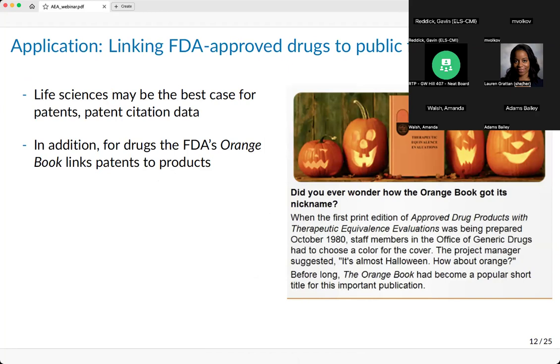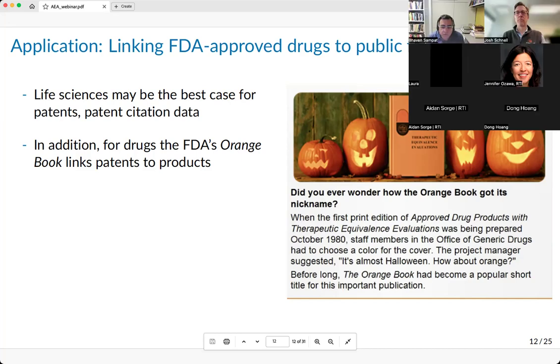And I'll say that drugs or the life sciences in some sense are the best case for using patent-based indicators, because pharmaceuticals in particular is one industry where the propensity to patent is quite high. And for various reasons, we think some of the strategic reasons for patenting, while they're present, they're less pronounced in pharmaceuticals than in other industries.